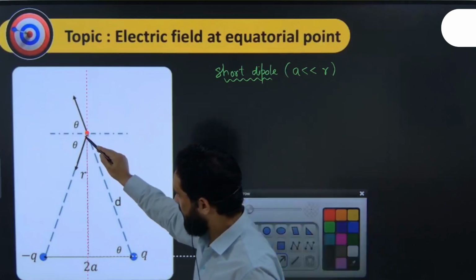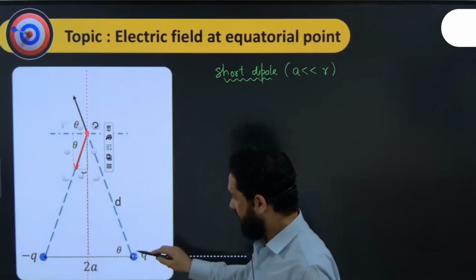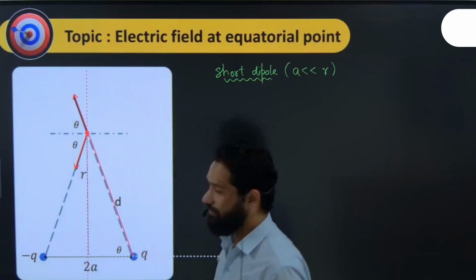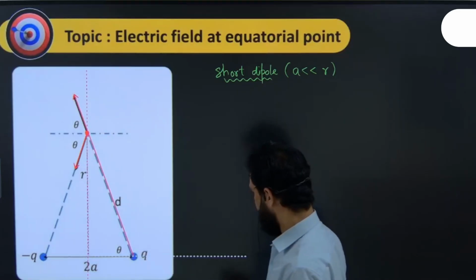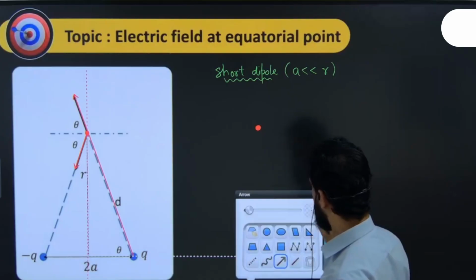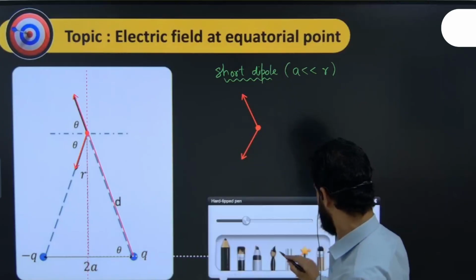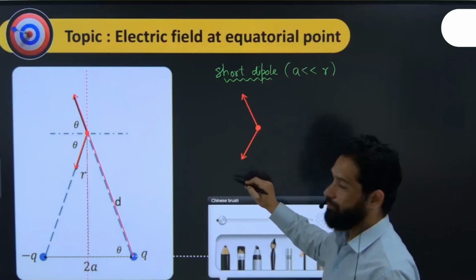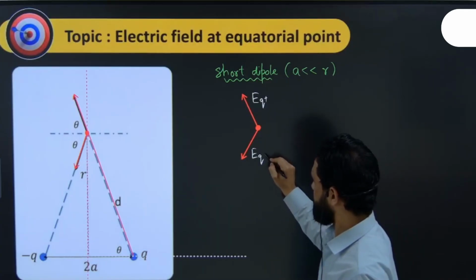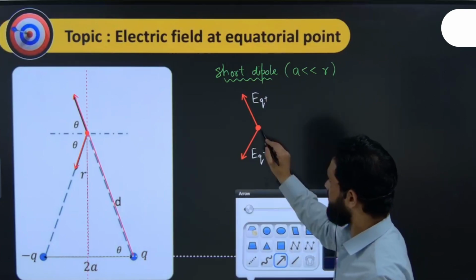Now let's see. Again, the net electric field is the consequence of the individual electric fields. So here we can see the electric field due to the negative charge is towards the negative charge. And the electric field due to the positive charge is away from it. So if we have that point which I have chosen there, it now has two electric fields, E positive here and E negative here. It is the electric field due to the positive charge, and it is the electric field due to the negative charge, and you can just imagine by vector calculation where their resultant will be.